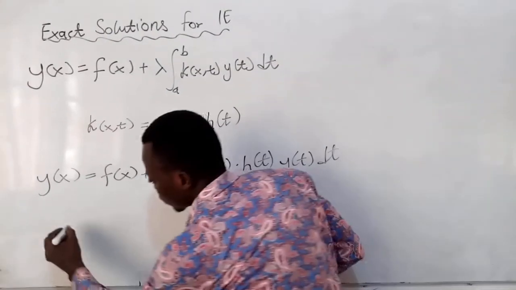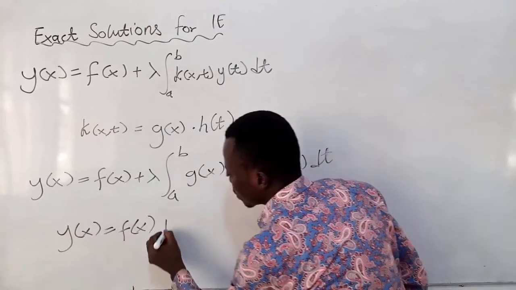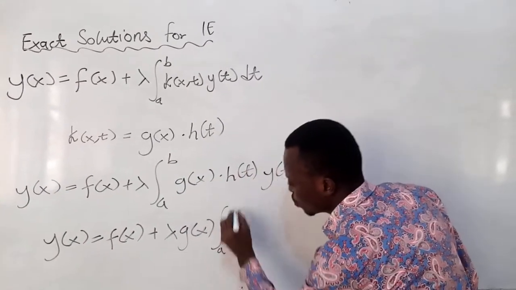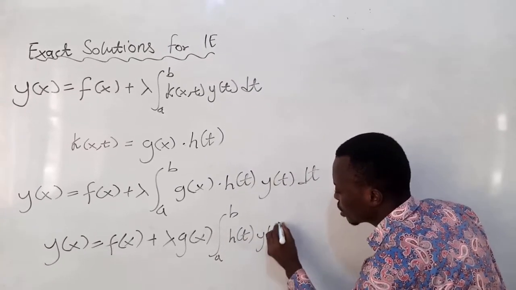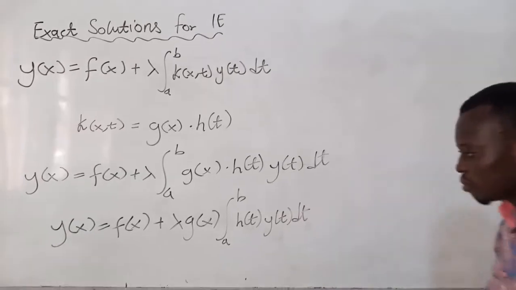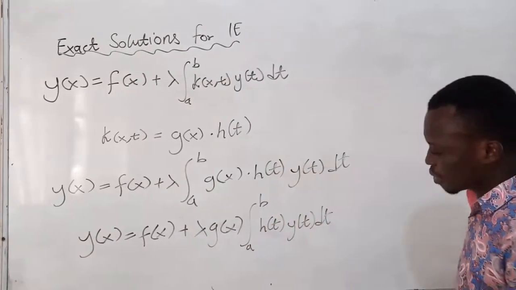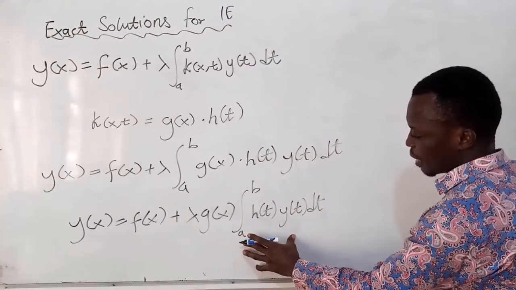So we're going to have y of s equal to f of s plus lambda g of s integral from a to b h of t y of t dt. So this is our resulting equation. Now let's represent this integral by c.